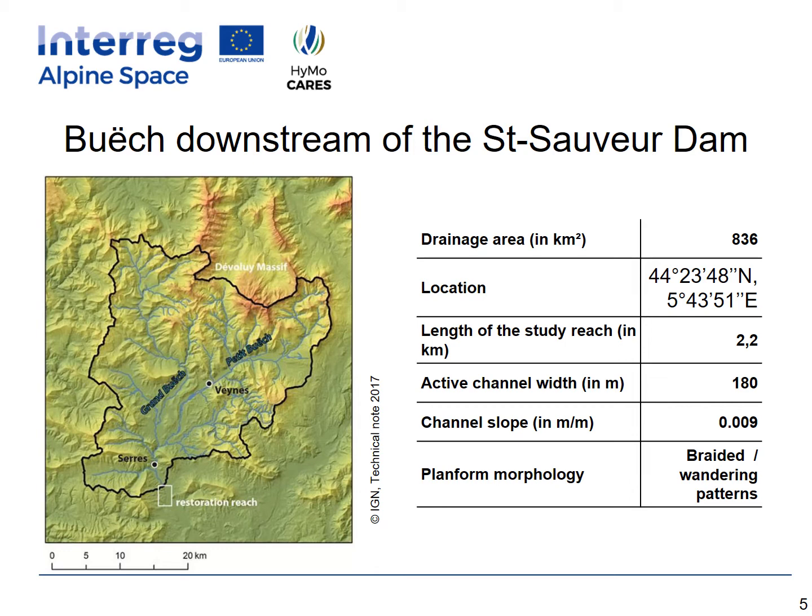Outcroppings of Cenozoic rocks are only marginally observed upstream of the city of Veynes. The lithology is dominated by alternating sequences of marls and limestones, which are typical of the southern Prealps. Glacial deposits from the last glacial maximum are only marginally observed in the catchment, mostly along the upper part of the eastern Petit Buech branch.